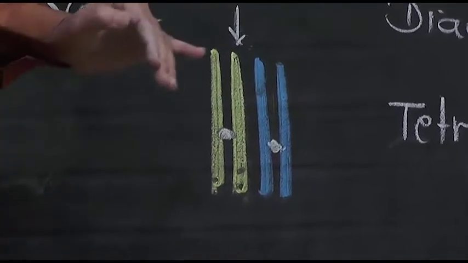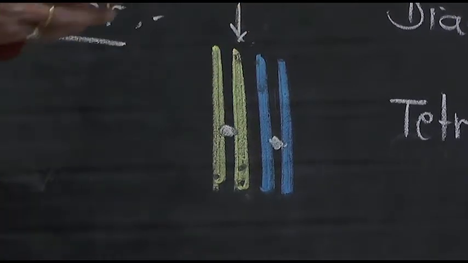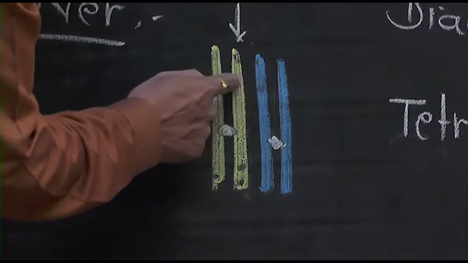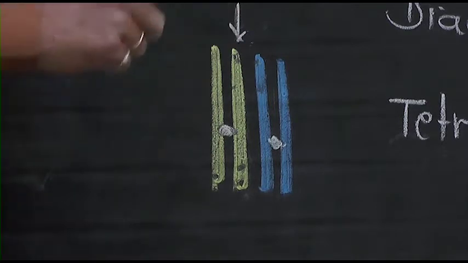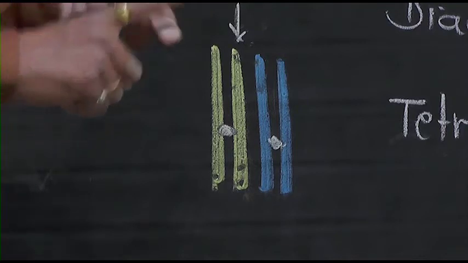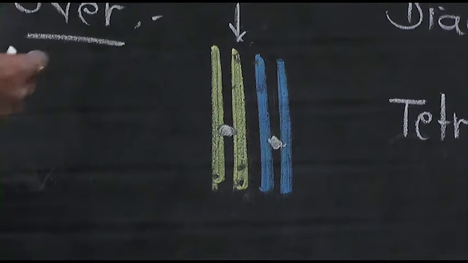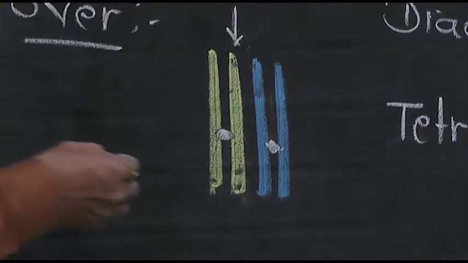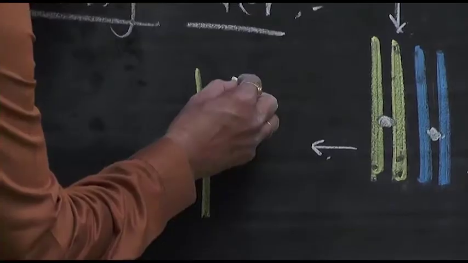So we can say the adjacent non-sister chromatids, adjacent meaning close to each other, they coil, twist around each other at one or many places. They twist or coil around each other. Let me show here.